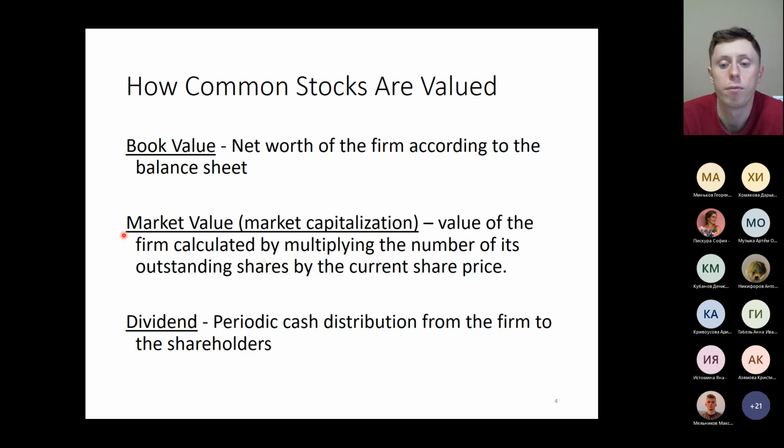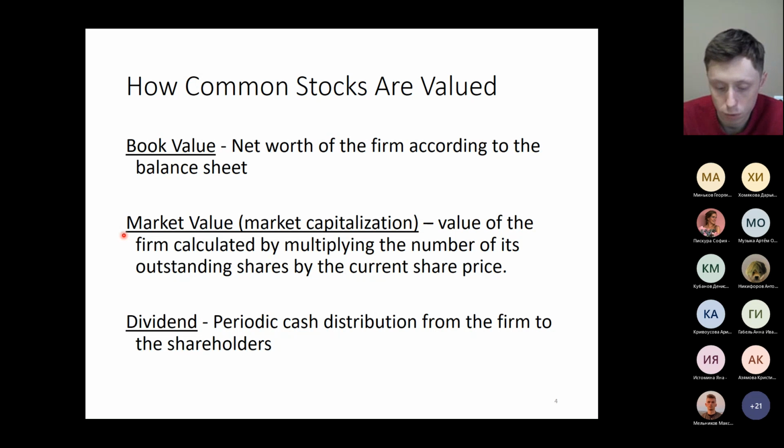It is the value of the firm which is calculated based on the market price of the firm. When the firm offers its stocks for exchange, for trading, then in other words, we say the firm goes public. After that, every second of trading or less than a second, the firm would have a new market price.